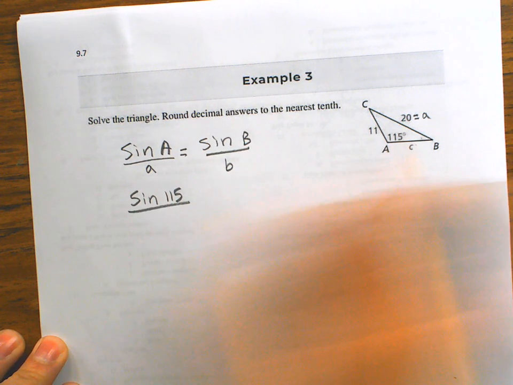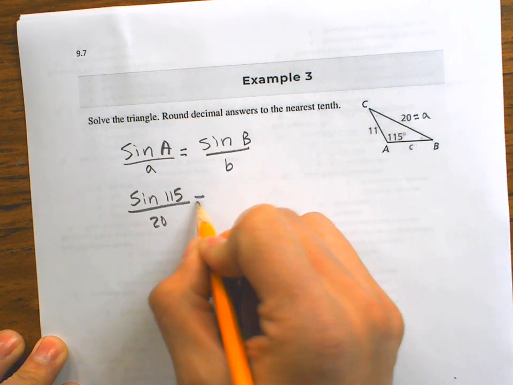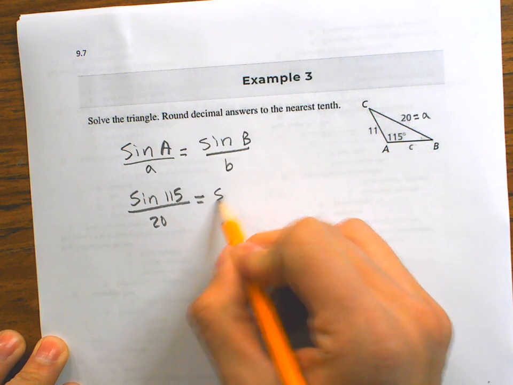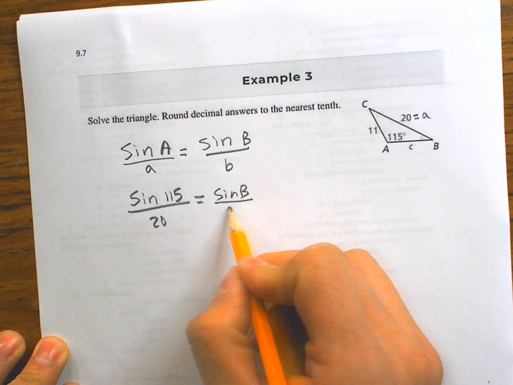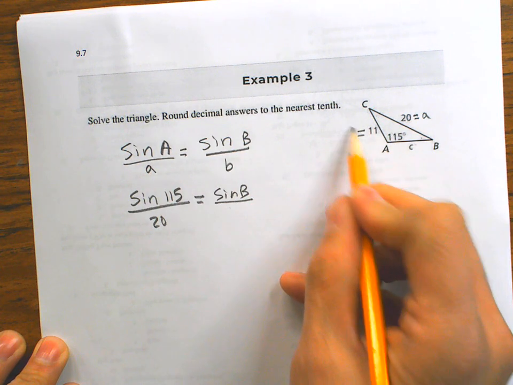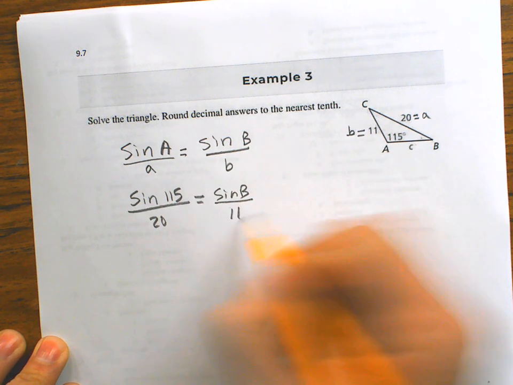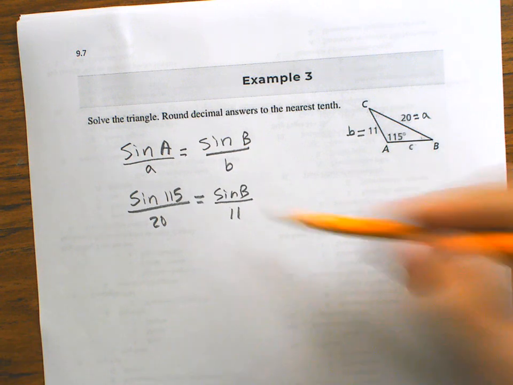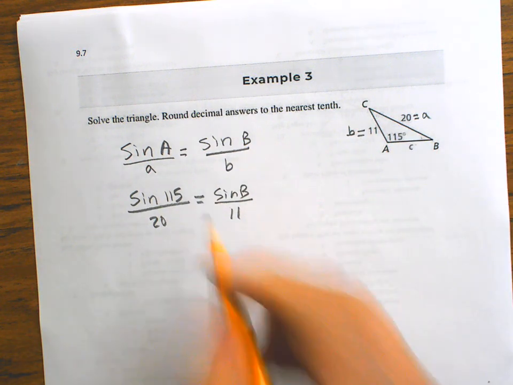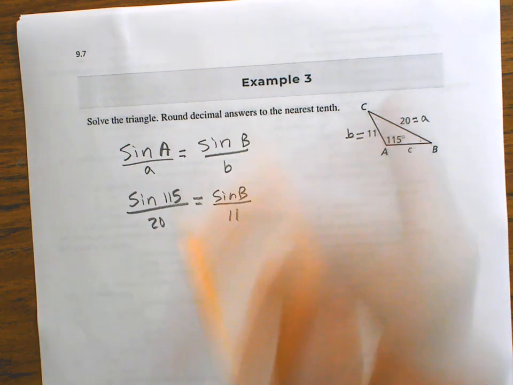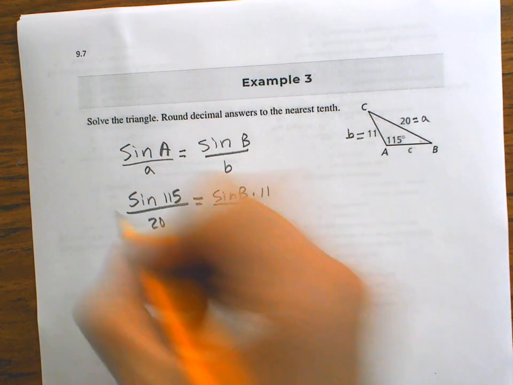Little a is 20. I don't know what the sine of B is, so we're just going to leave it as is. But I do know that little b is 11. So as you can see, we only have one unknown. All right, so we're going to cross multiply. I'm going to leave the 20 where it is and multiply 11 on both sides.